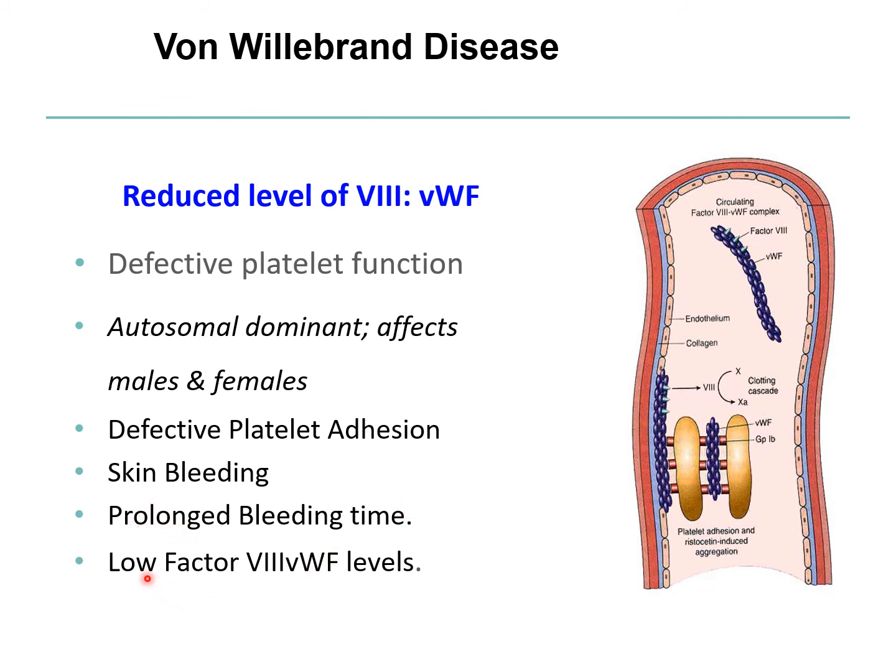In terms of laboratory diagnosis, there would be evidence of low factor VIII von Willebrand fraction levels, whereas the factor VIII C fraction would be normal. And von Willebrand disease is managed by platelet replacement therapy, or with the use of desmopressin, which is a synthetic analog of antidiuretic hormone.